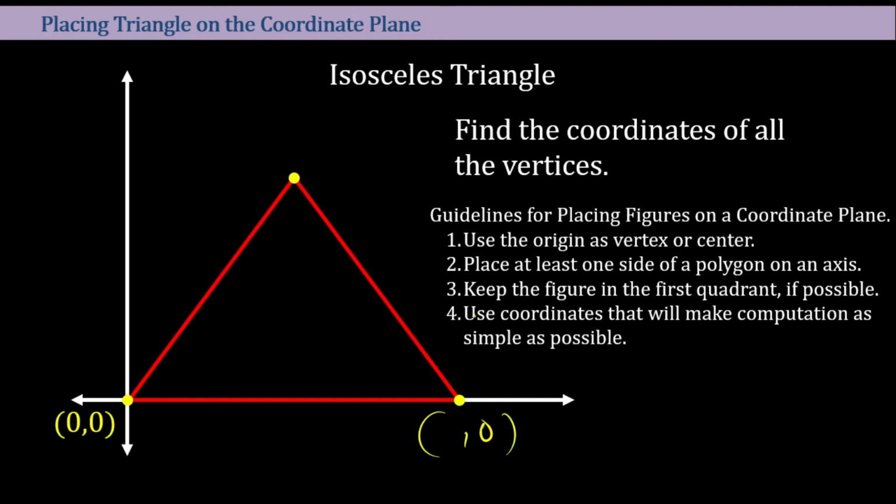You see, here in number 4, we are instructed to use coordinates that will simplify the computation. I could just write here A or any other letter, and that would be good. But if I use A and this one lies on a line here, the value for x here should be 1/2 of A. So the coordinate for this will be A over 2, comma 0.